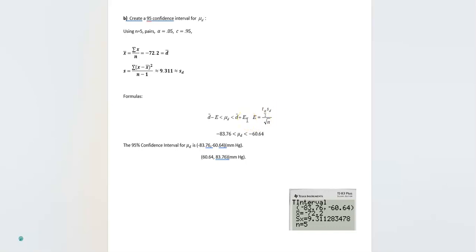But the only difference that you're going to see here is that when you run a t interval, this is going to be a t interval on your L3. And you're going to get negative values on some of these answers.